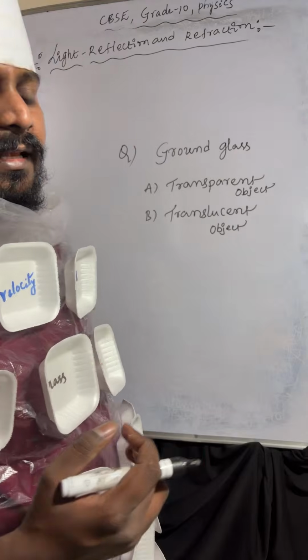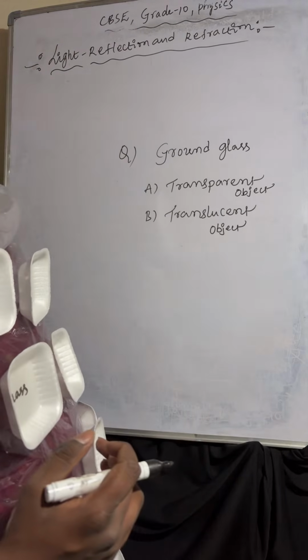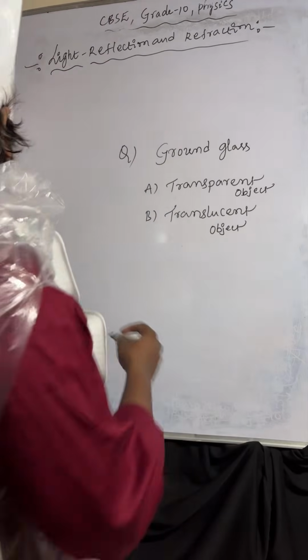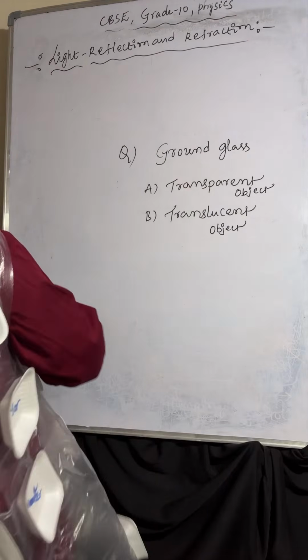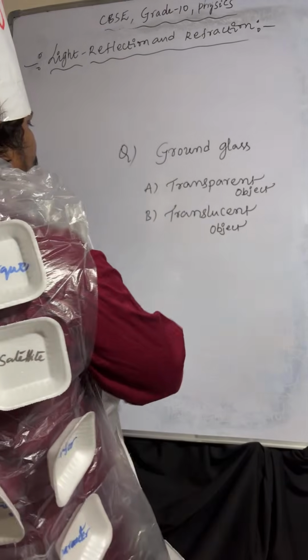The answer is that ground glass is a translucent object.